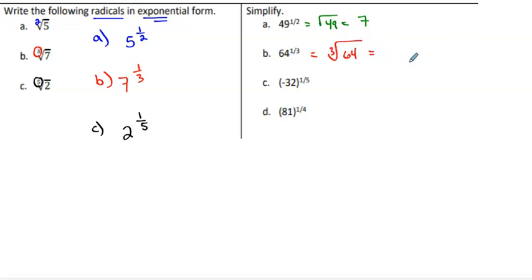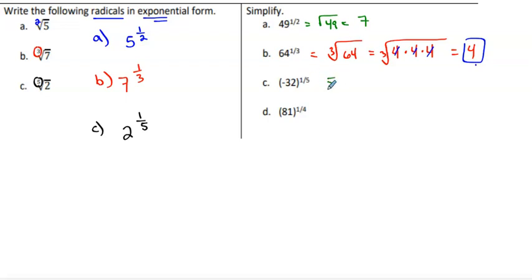So what number times itself 3 times will give you 64? 4 times 4 times 4 is 64. So the cube root of 64 is 4. You notice 1, 2, 3 4s came out as the answer 4 when you have a cube root.